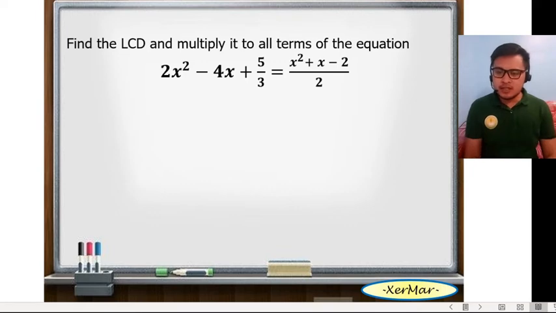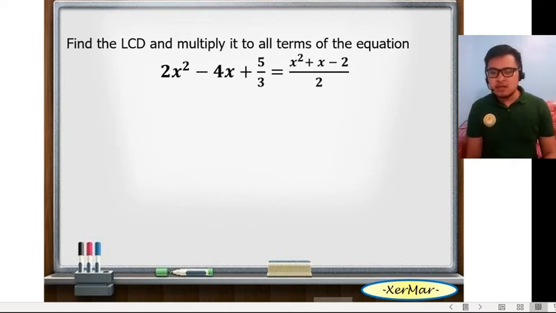Okay, sunod, dahil hindi pa tayo tapos, ang gagawin natin ay find the LCD and multiply it to all terms of the equation. So, again, our new equation is 2x squared minus 4x plus 5 over 3 equals x squared plus x minus 2 all over 2.